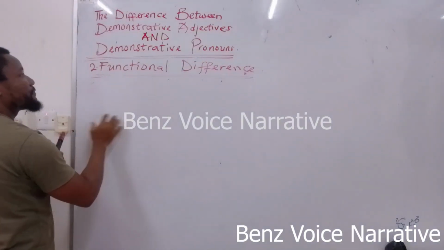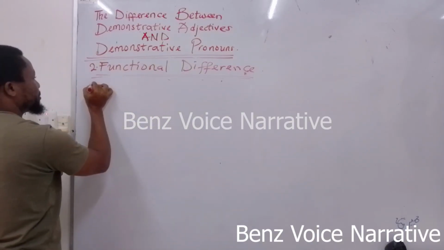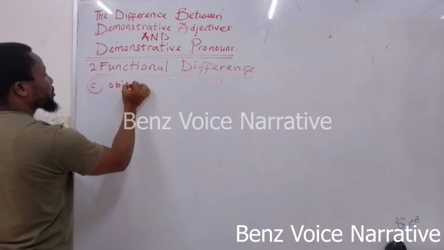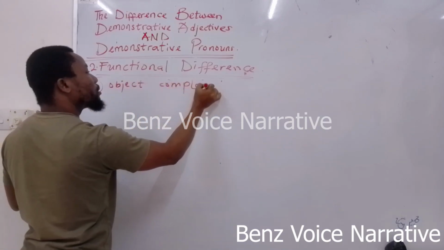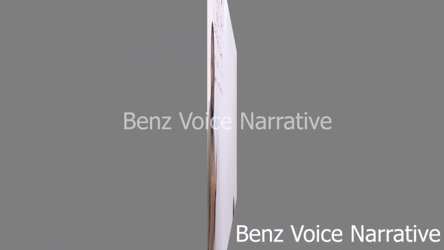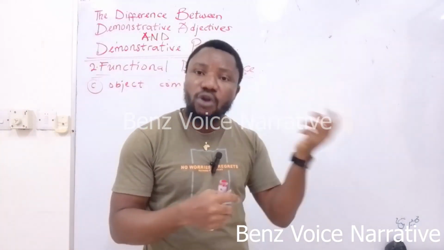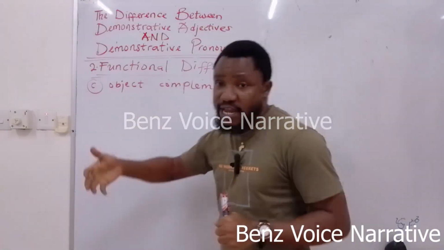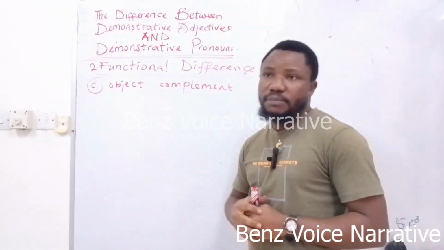So let's go to the third function of the demonstrative pronoun. C, object complement. Remember that one of the functions of a noun or noun phrase or noun clause is that it can function as object complement.